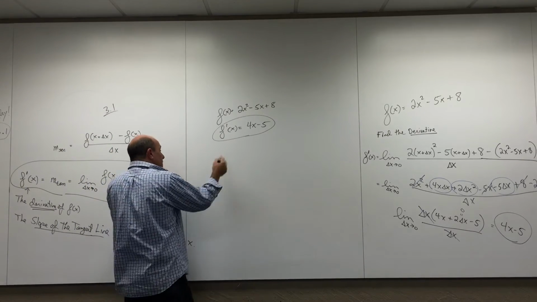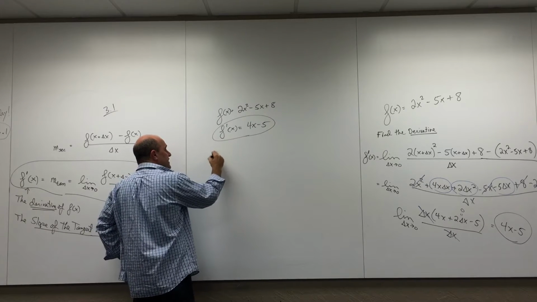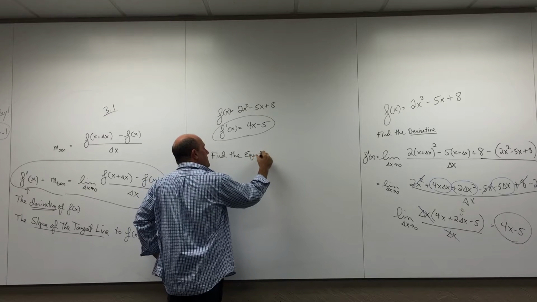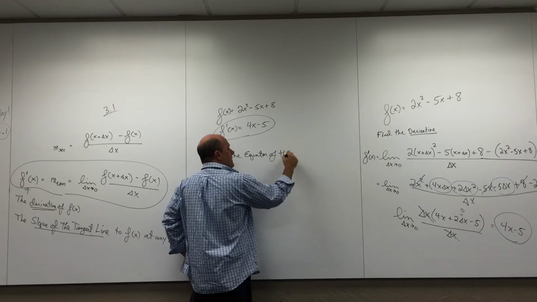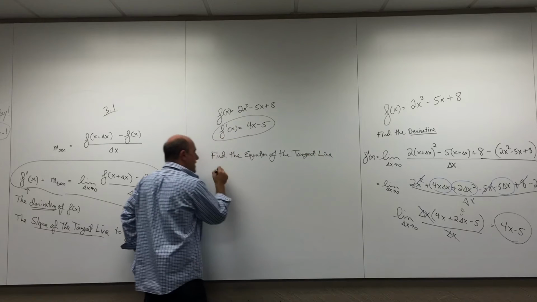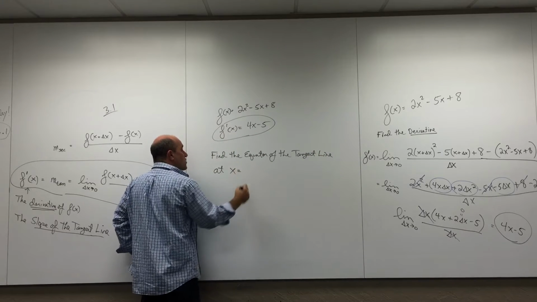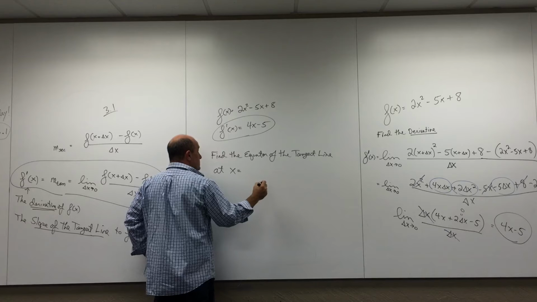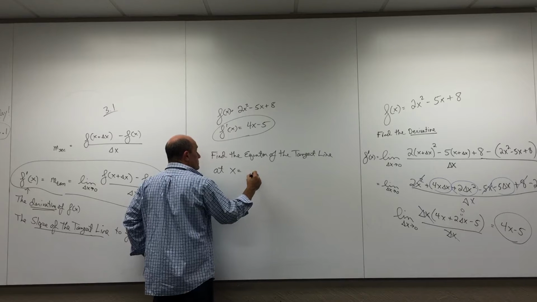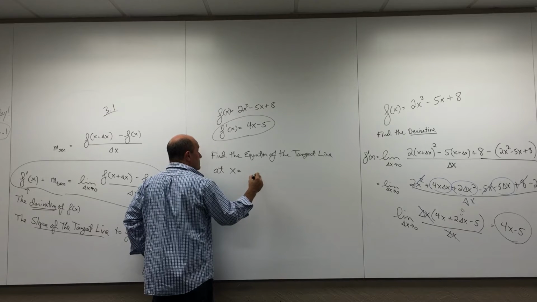So here's a good question. This is a classic. Find the equation of the tangent line at x equals 3.